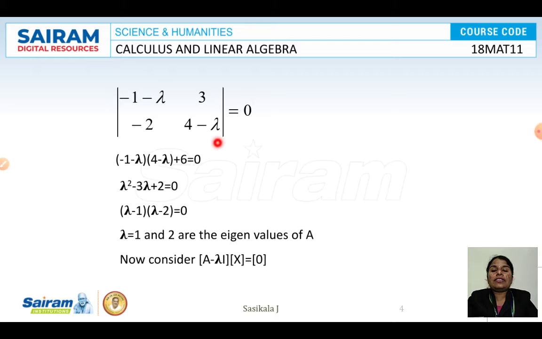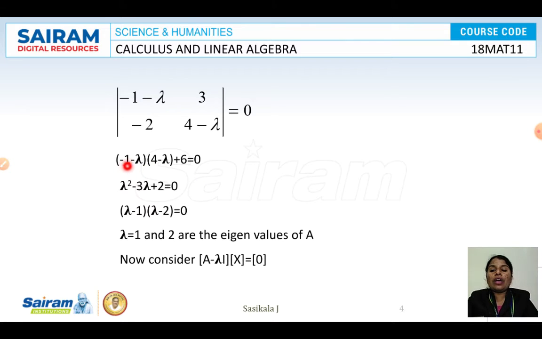How can you find the determinant? Just do the cross multiplication: minus 1 minus lambda into 4 minus lambda, then minus of minus 2 into 3, minus into minus is plus, it gives 6, equal to 0.